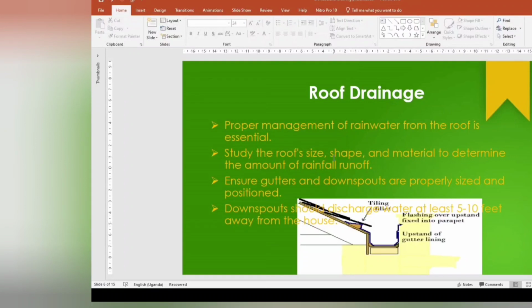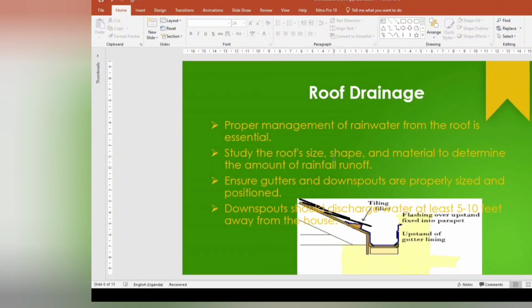The material, we can talk about the tiled roof. Also under material, in terms of roof covering, we can talk about the galvanized iron sheets. So those things determine the amount of rainfall runoff.